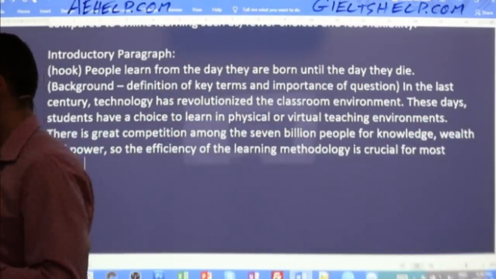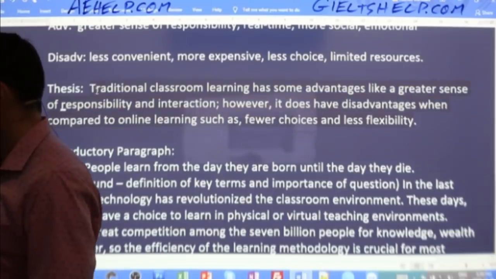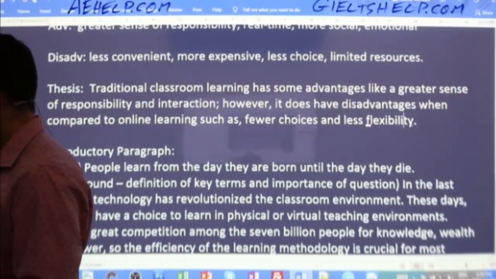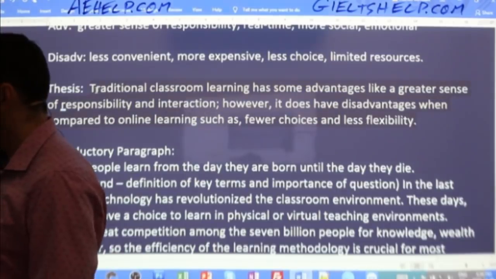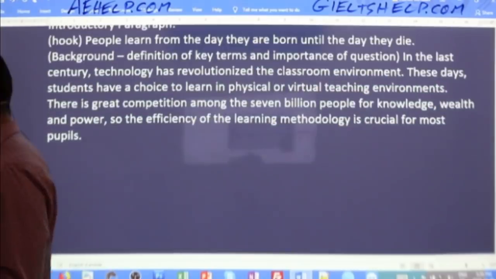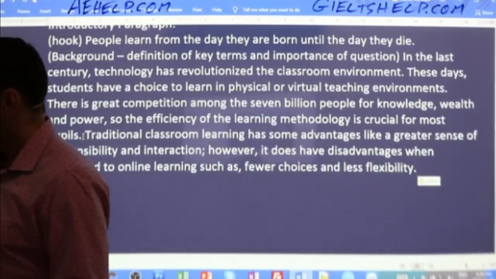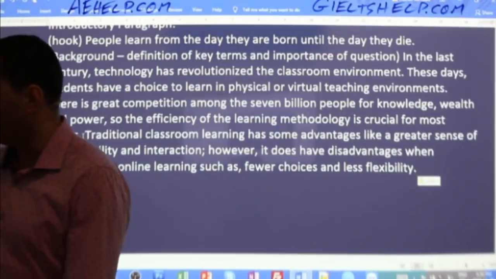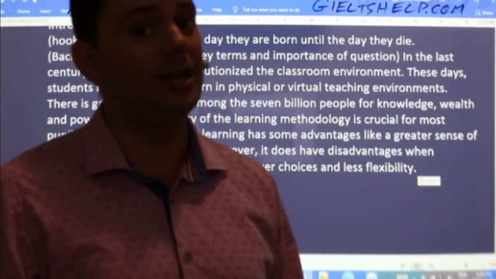So here we go. Let's get our thesis in there. We don't need to rewrite that. Just copy and paste when you're practicing at home on the computer. Of course, practice writing by hand as well, because if you're taking the traditional IELTS exam, then you need to have good penmanship. If you're taking the newer computer-based IELTS exam, make sure that you can touch type, okay?